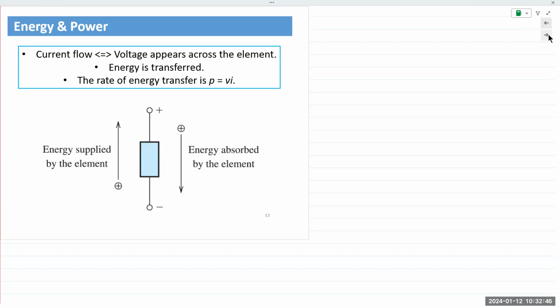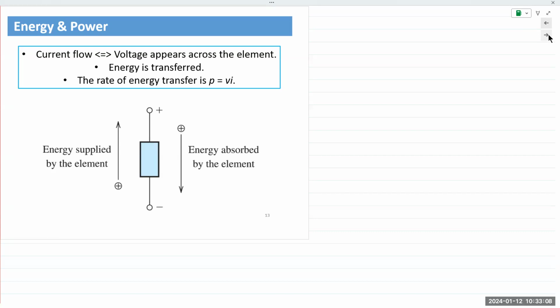Okay. The energy that is being received by the components will always be less than the energy that is actually being supplied. Where is the rest of it going? Heat. Absolutely. Anytime you have an electronic device, energy is being transferred.